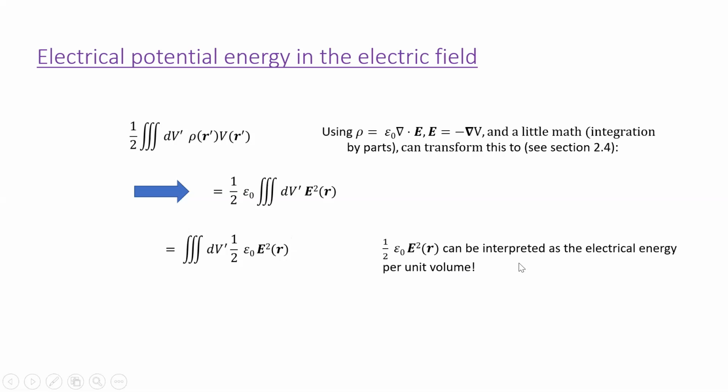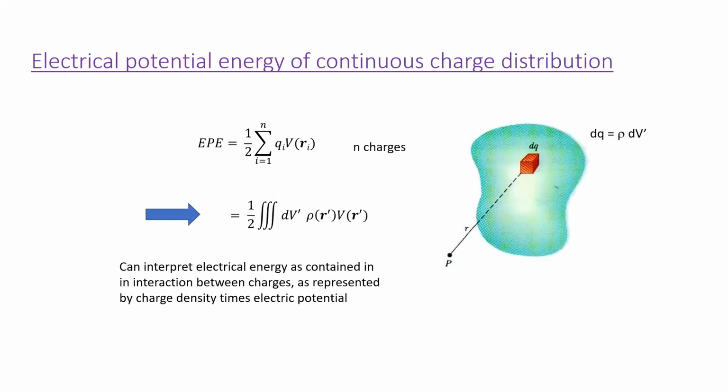So it's stored in the field itself, which is created, or we can look at it, as we looked at it before, as being stored in the interaction between the charges and the electric potential that are created. So these are alternate approaches. Both of them are equally valid ways to look at the electric potential energy.